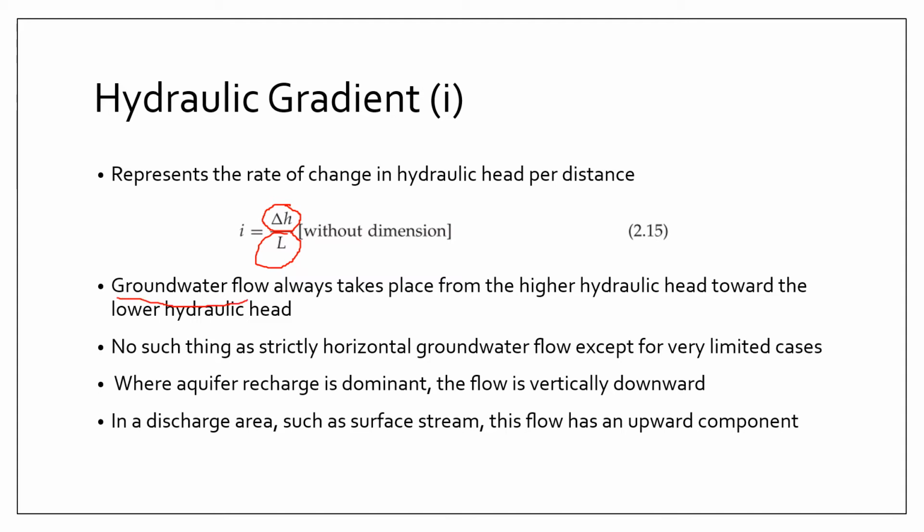And note that groundwater flow will always move from a higher hydraulic head to a lower hydraulic head, like in physics, where objects always move from a position of higher potential energy to a position of lower potential energy. The same applies to groundwater flow. It always goes from higher to lower hydraulic head.